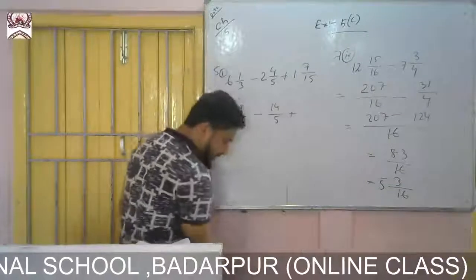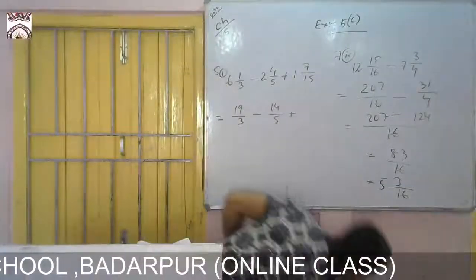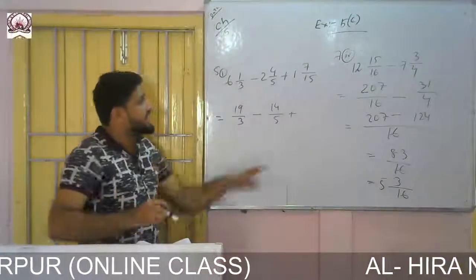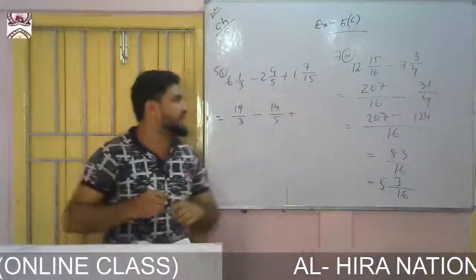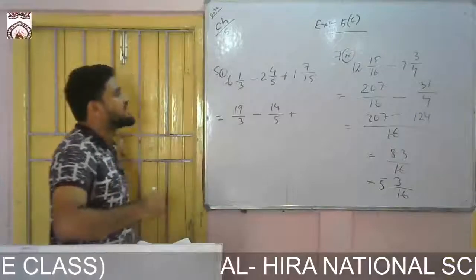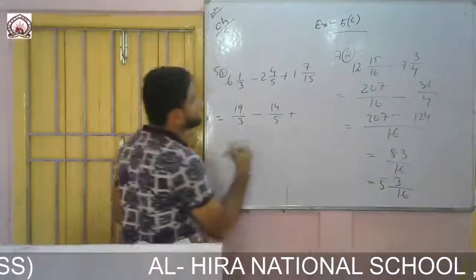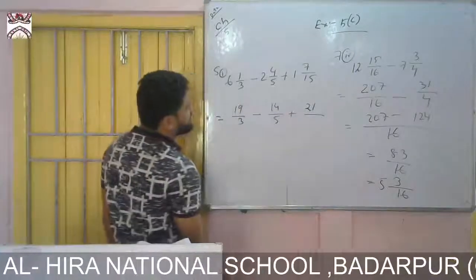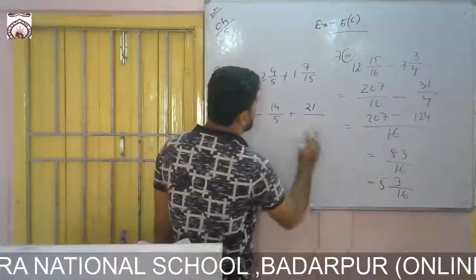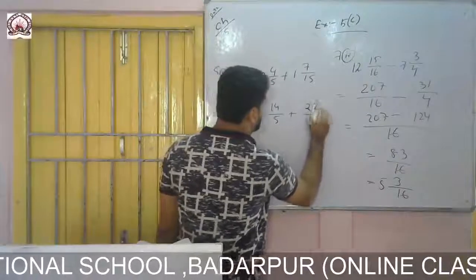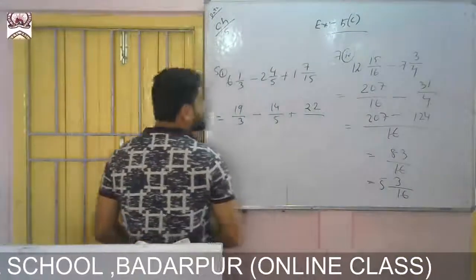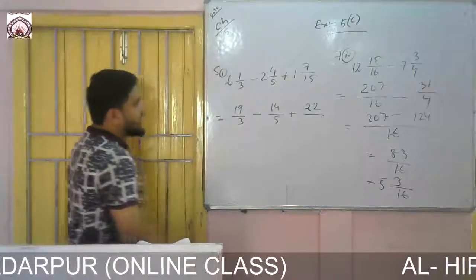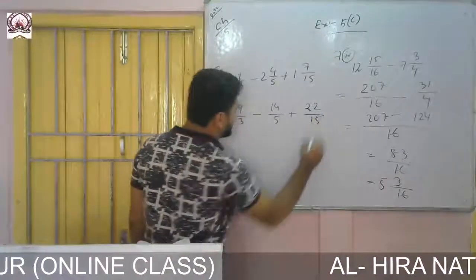Plus 15 1s are 15, and 15 plus 7, 22. So 22 by 15.